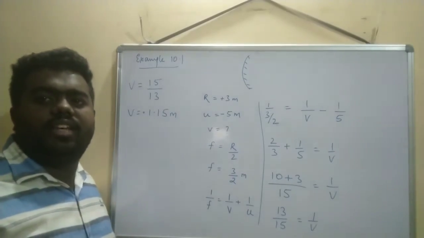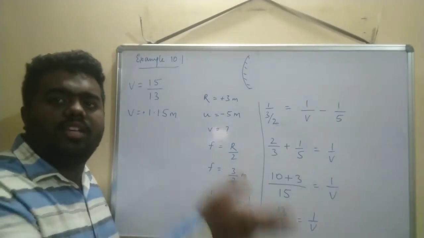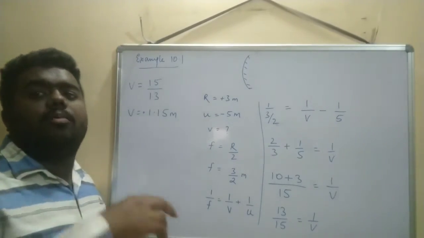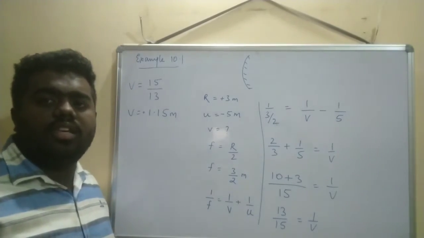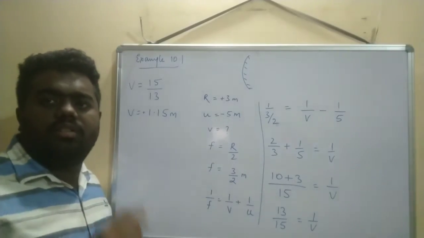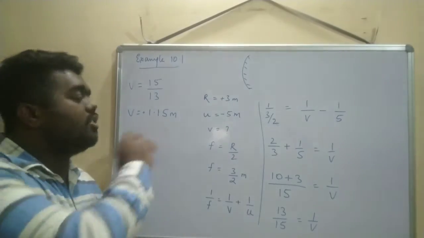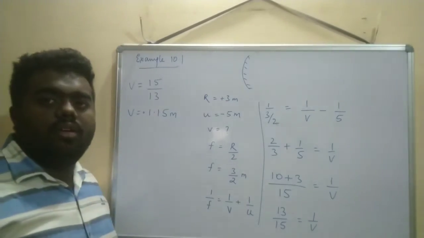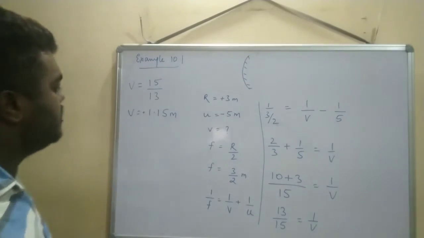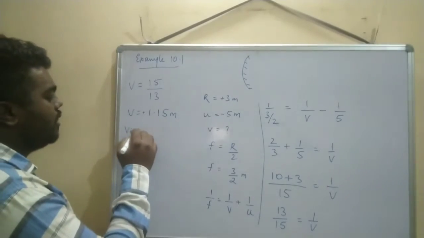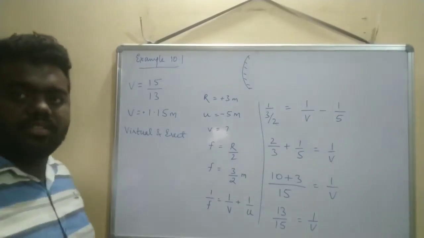We have already seen the cases of convex mirror that image is always formed on the right side or behind the mirror, and whenever the image is formed on the back side of the mirror, image is always virtual and erect. Okay, now question says position of image. So we have got the position of image. Next, nature. Nature of the image is virtual and erect, as we have discussed now.